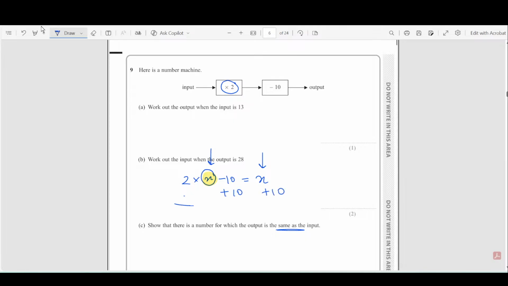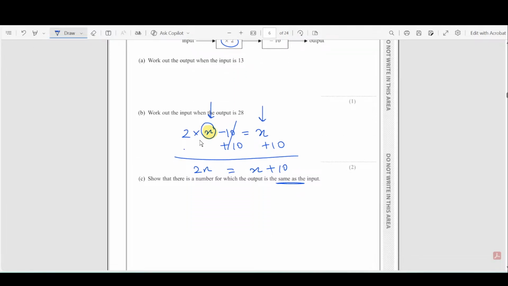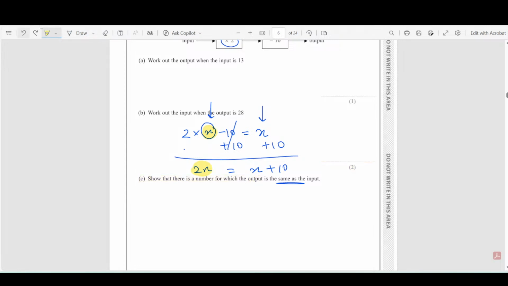Okay. So we just get 2x minus 10 and plus 10, they cancel out. Here we got x plus 10, right? That's what we have here. After that, what we do is now we take like terms. Like means the terms which have same variable and their power or exponent should also be same.